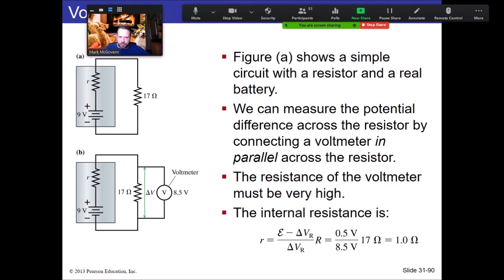When we put them in parallel with our circuit element, this junction doesn't really do anything, because if the effective resistance of this voltmeter is insanely high, it's not going to draw any current. So it doesn't affect the overall behavior of the battery, and we simply read what the potential difference is. Again, a parallel configuration means the potential difference across both is the same.